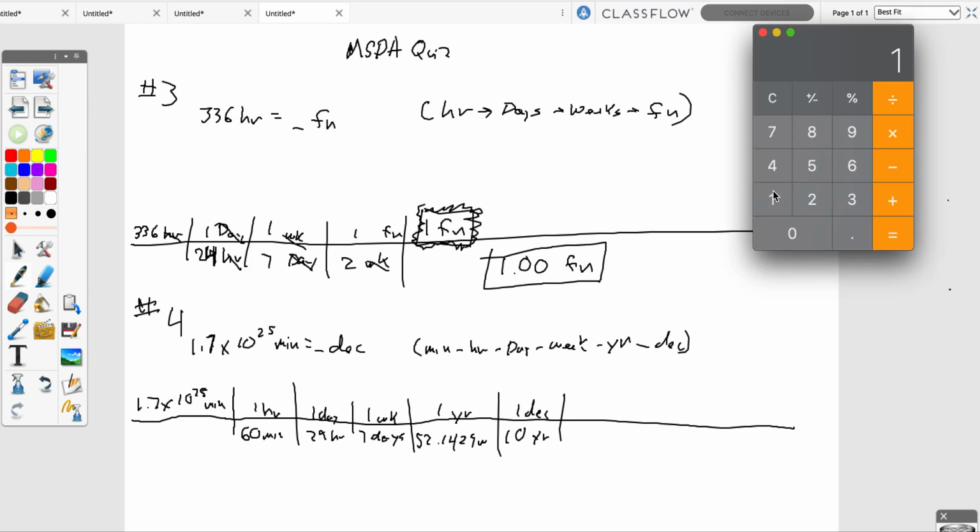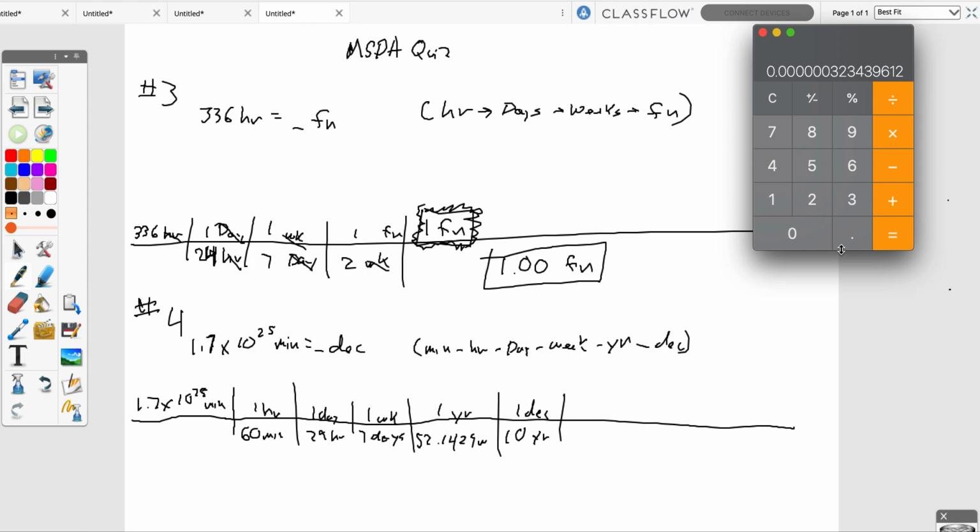So 1.7, there's going to be lots of division, divided by 60, divided by 24, divided by 7, divided by 52.1429, divided by 10 equals, wow, okay.